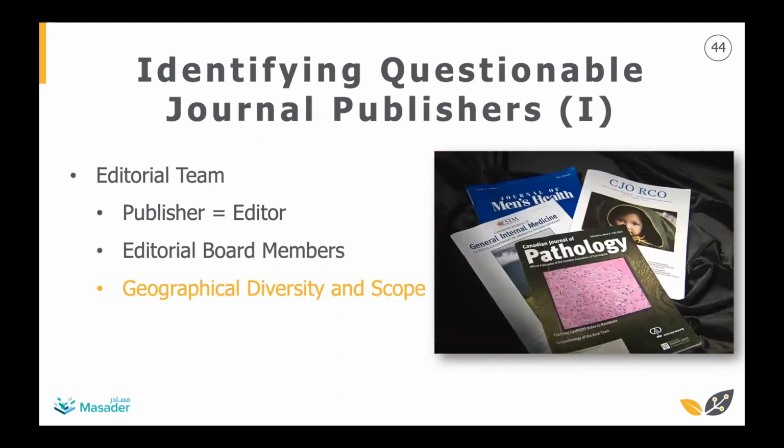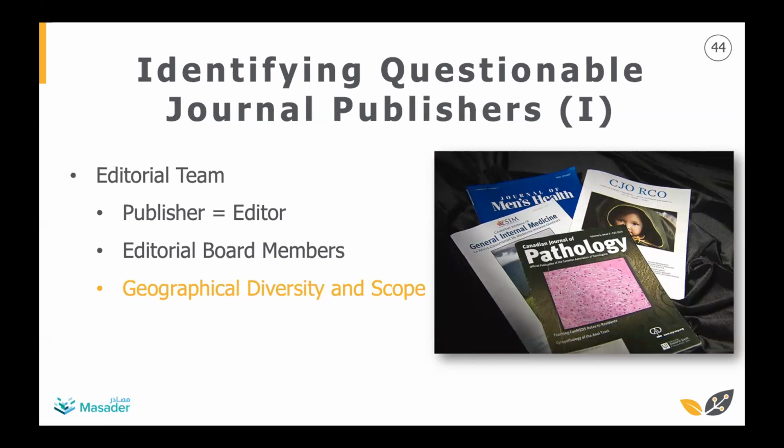The third point that we have is geographical diversity and scope. This is a very important factor that can help you in recognizing and identifying predatory journals. It's very important to check the scope and the geographical diversity of the journals, because these predatory journals will play a trick: they always use the word international in the journal title, or they will be affiliated to leading countries in a specific research area. For example, they will claim that this is the American Journal of Medicine.